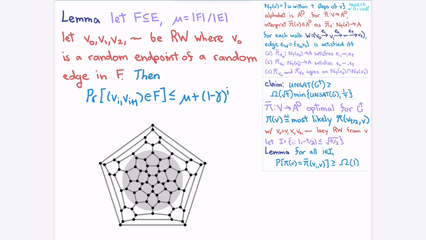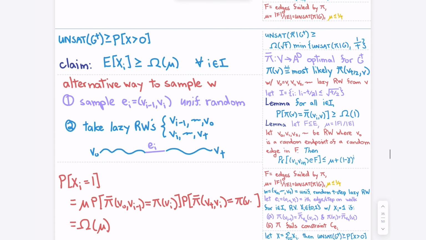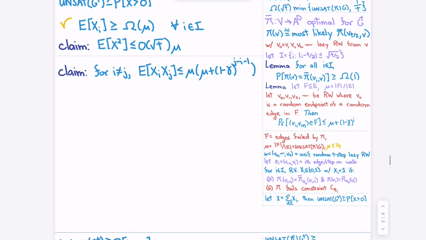When gamma is bigger, you have a bigger spectral gap, that second term goes down, and it looks more and more like when you're i steps away, it's just an independent sample. An independent sample will get you mu, and then you pay a little bit because it's not exactly an independent sample. Okay, good. So that's quantifying that intuition.